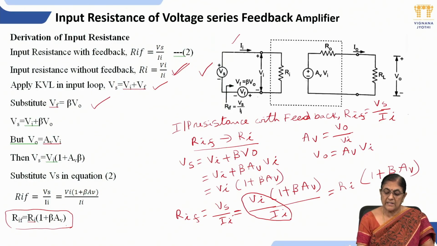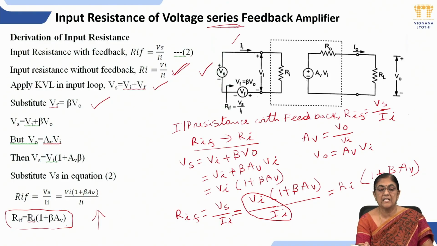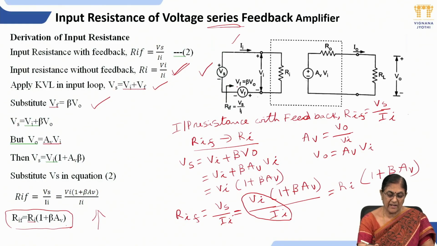Okay. So in voltage series feedback amplifier, input resistance increases. What is the reason for that? We are going to use series mixer in the input terminals of the basic amplifier. That means output terminals of the feedback network is connected in series to signal source. That's why input resistance increases.